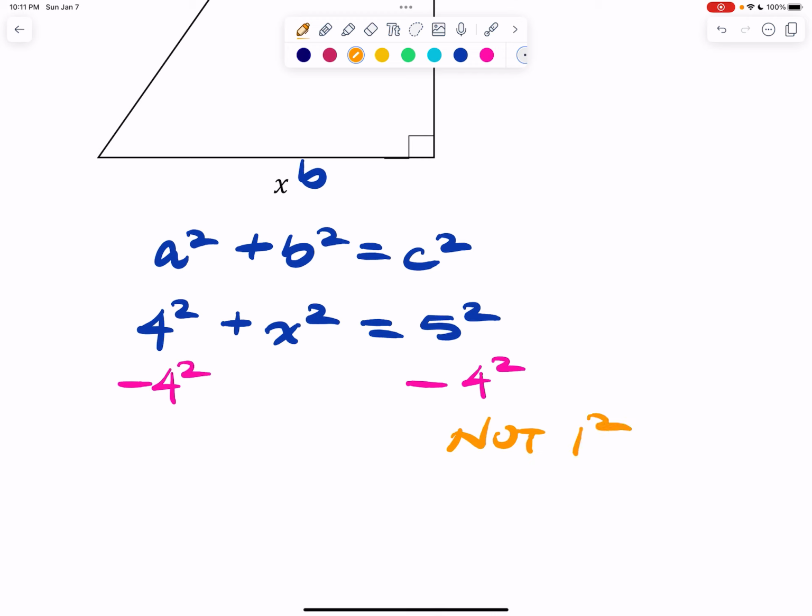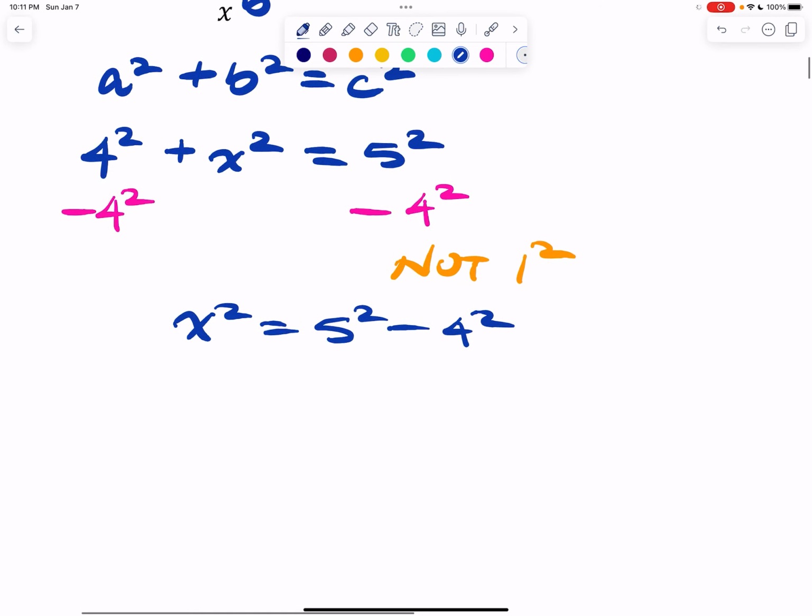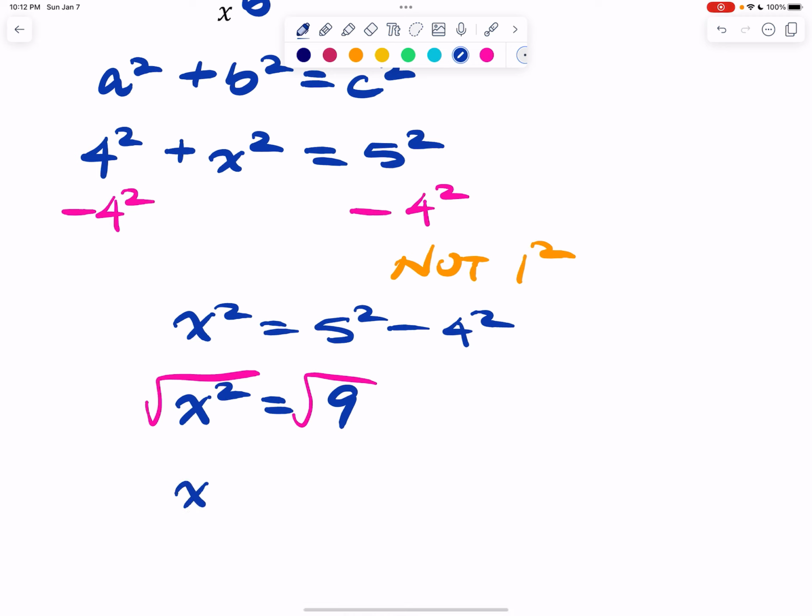It's not 5 minus 4. Just leave it written exactly as it is. 5 squared minus 4 squared. Leave it like that and type that into your calculator. Typing it into your calculator, you will get 9. And then we'll have to take the square root of both sides. And your calculator will tell you that that gives us exactly 3.